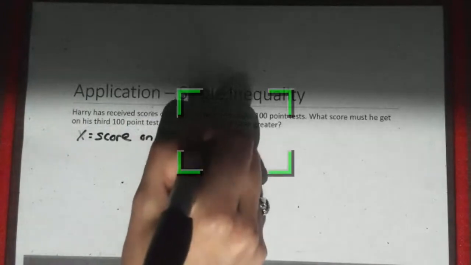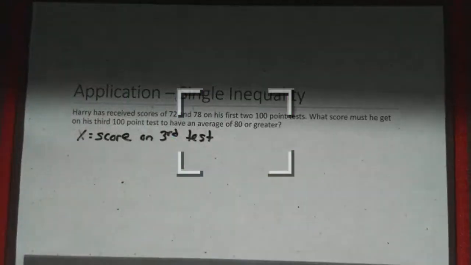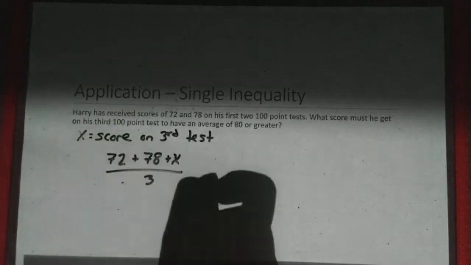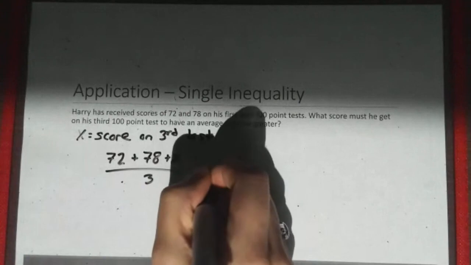I'll call it x. So x is the score on the third test. So to find the average of his three tests, we need to take the 72 plus the 78 plus the x, because those are his three scores, divide it by 3, and we want that average to be greater than or equal to 80.